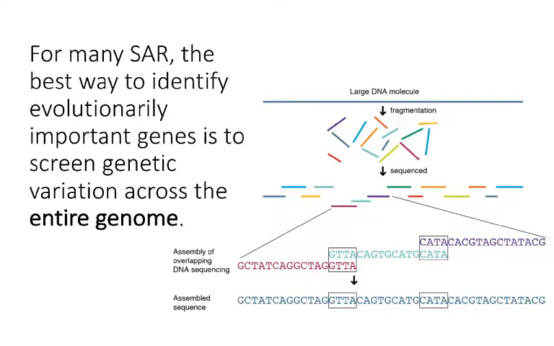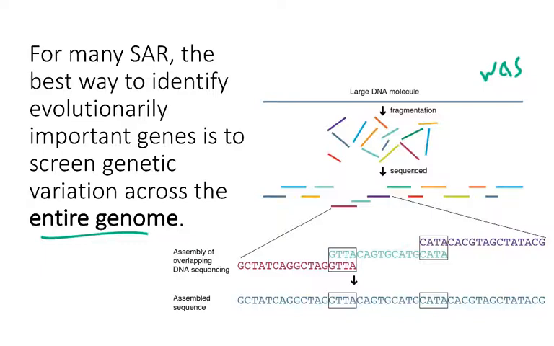And lastly, just to tie all of this together to what we talked about previously, when we're thinking about the best way to identify whether populations have the potential to evolve, whether they have these evolutionarily important genes, really the best thing we can do, if we have the resources, is to look at variation across the entire genome and do whole genome sequencing.